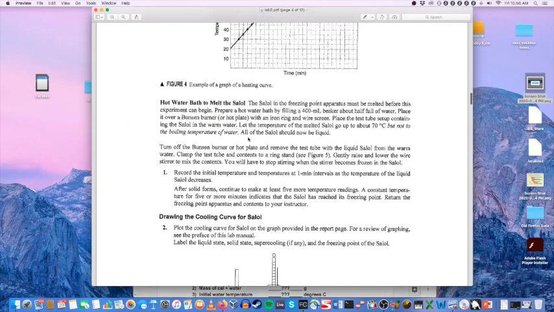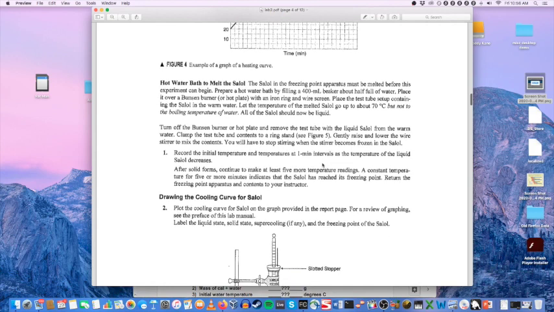So that's what this part describes: heating it up to 70 degrees Celsius. The important thing for this is to not boil the water because it will also boil the salol and can have some problems. The initial temperature ends up actually being about 71 degrees, and you can visibly watch the thermometer go down as we cool.